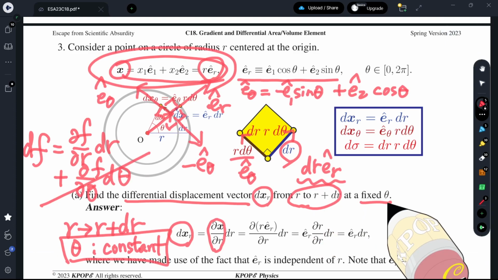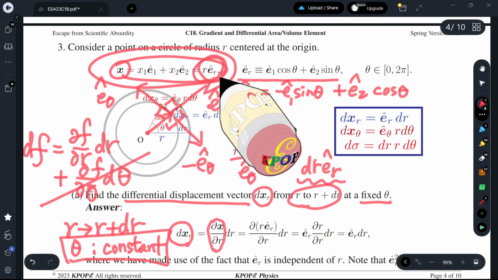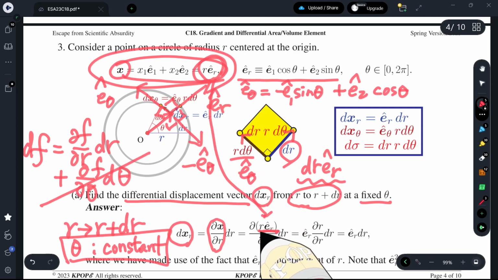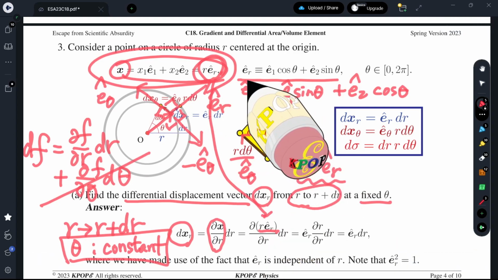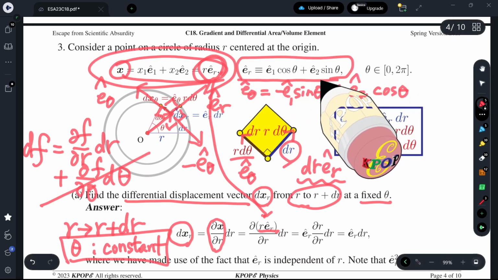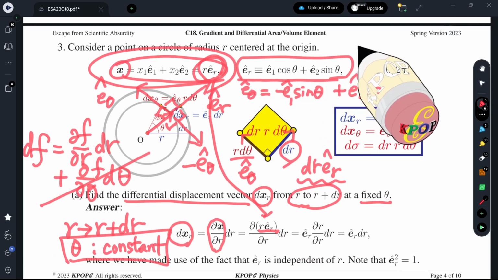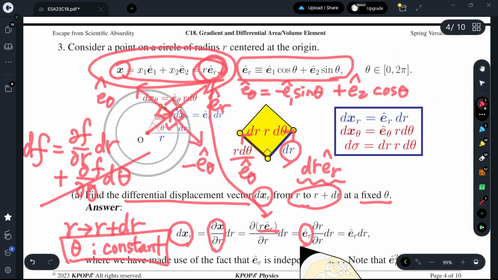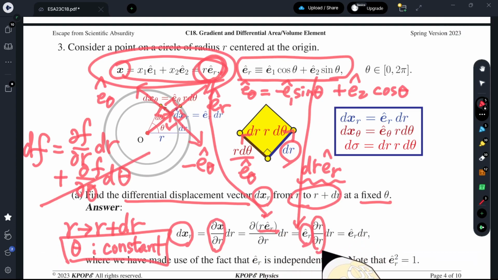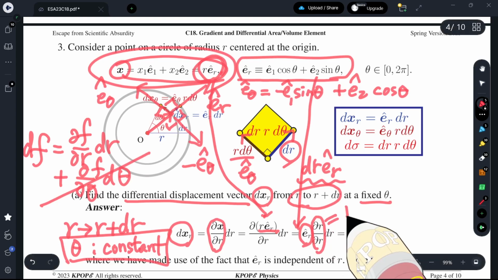We substitute this x in here and apply the Leibniz rule. We know the unit radial vector is independent of r. Therefore, I can pull this vector out. The partial derivative of r with respect to r is nothing but unity.